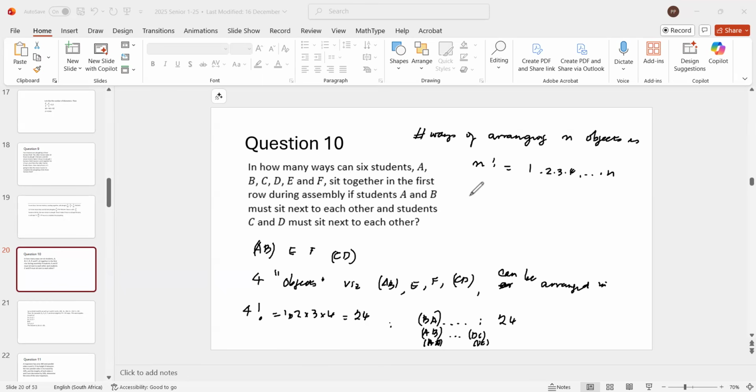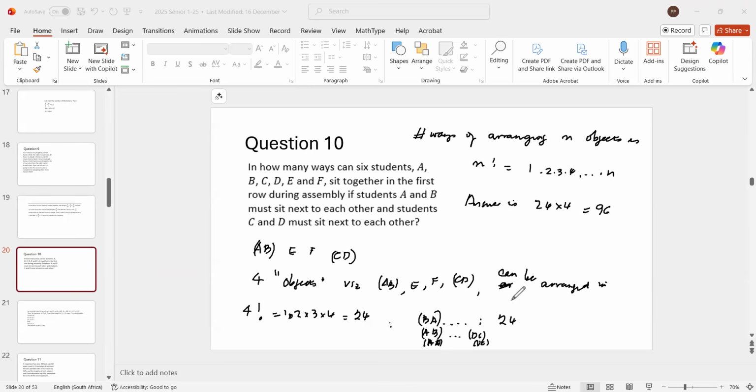So therefore, for each of these arrangements, there are 24. For every one of them, there are 24. So it's 24 times 4, which is 96.